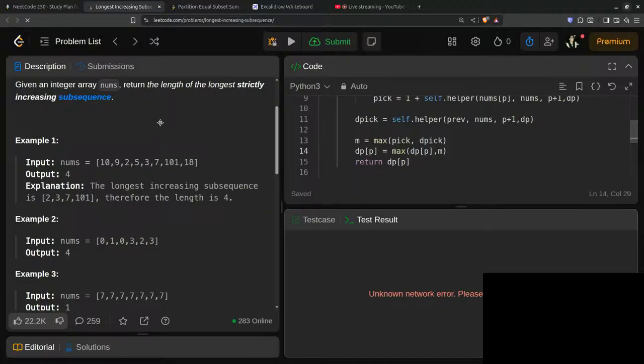But what if... got it. So LIS 7 is equal to... since it's the last element, I will return.